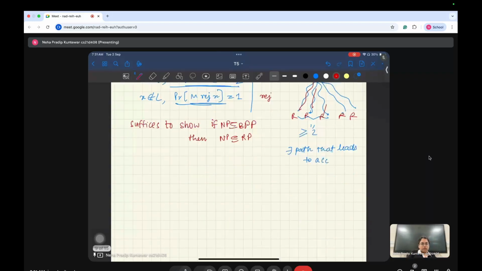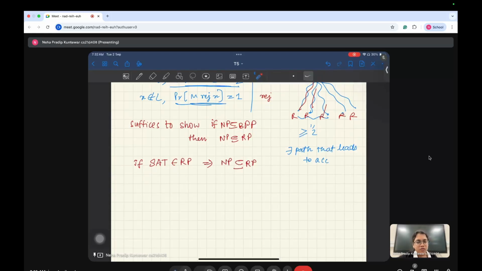Well, use our NP-complete language that we know here. So we know that if it can be shown that SAT is in RP, then it implies that NP is contained in RP. This is because this is the hardest problem that we have in our NP set.